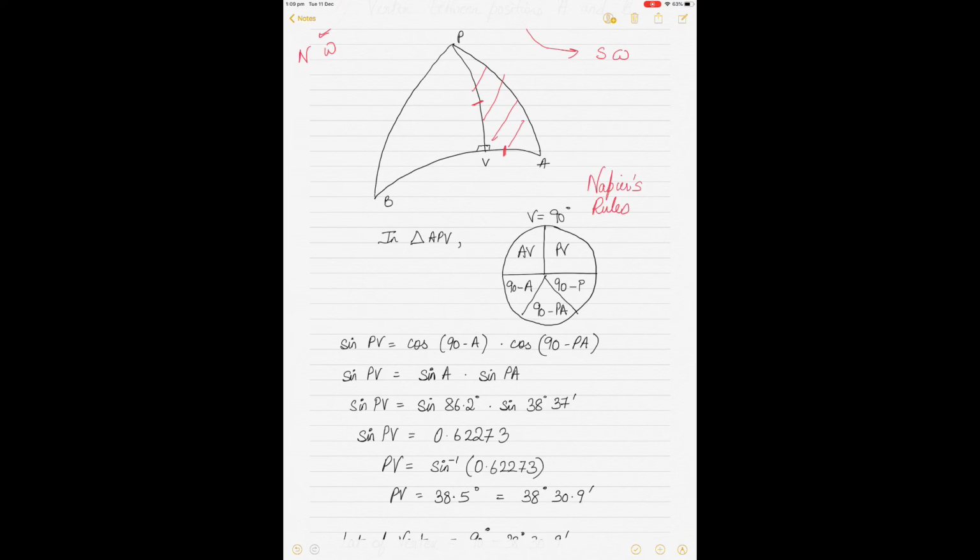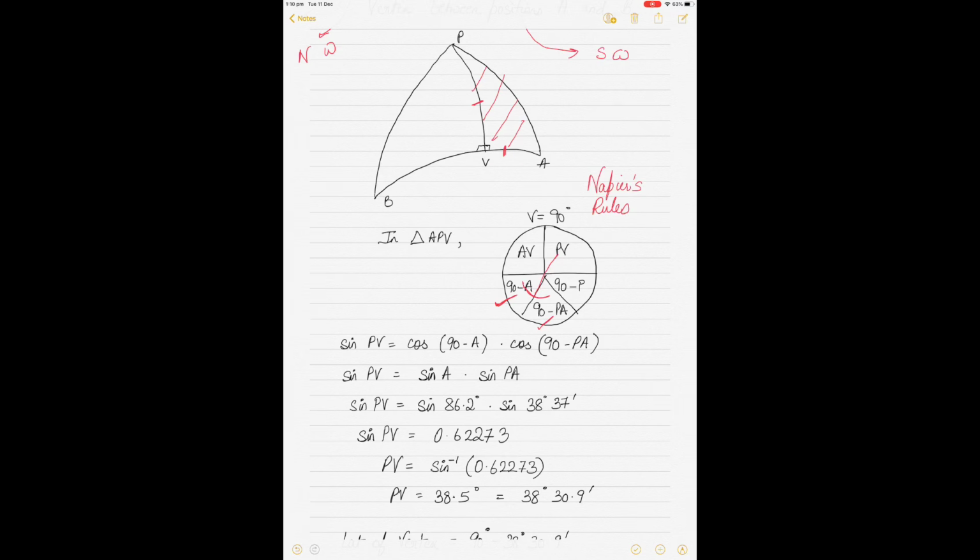Alright, then you need to have two things in this circle to find out the rest of the two. So what I know in this circle is PA because I have found it out before, and I know angle A, this is the initial course angle. I need to find out PV because that will give me the distance from the pole to the vertex, and then I can find out the latitude of the vertex.